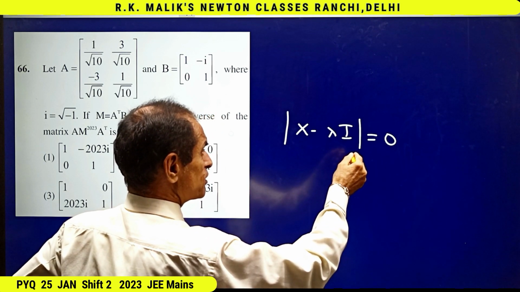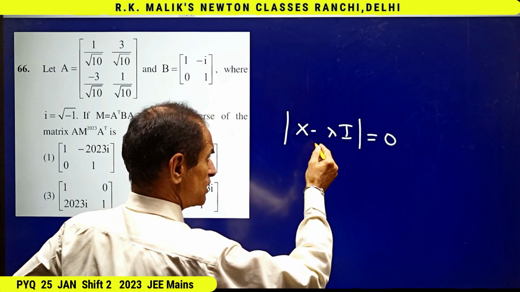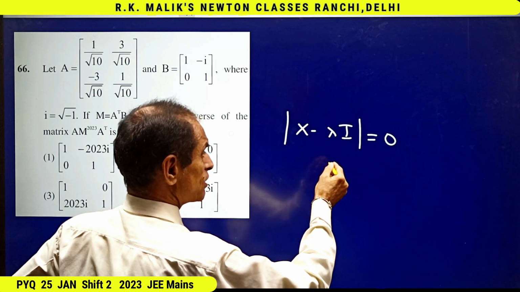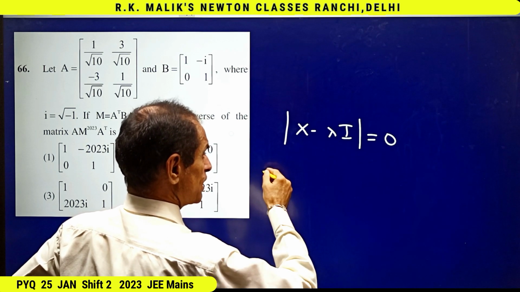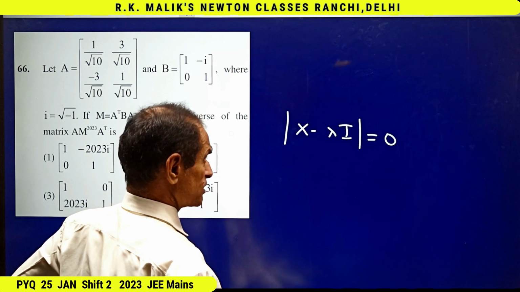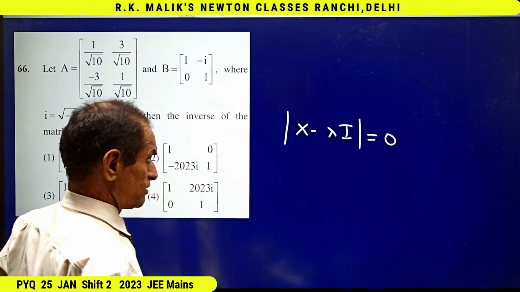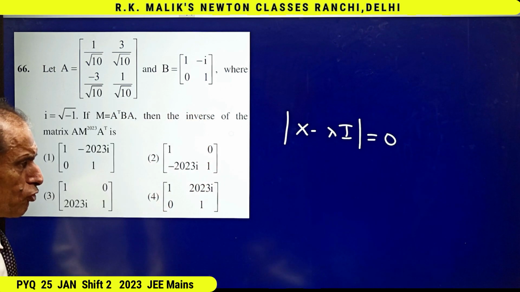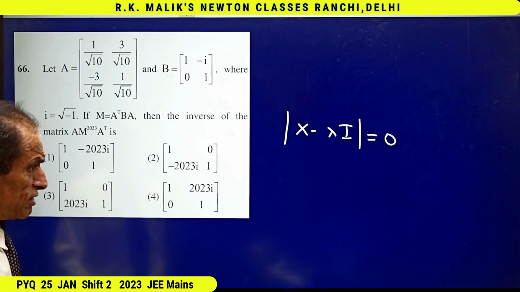Opening this determinant, you get an equation in lambda, and that equation in lambda is called the characteristic equation of the matrix X.